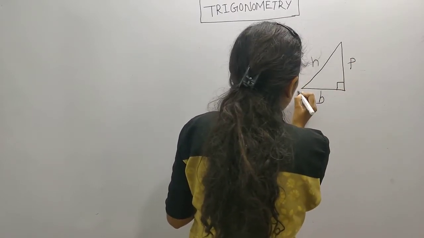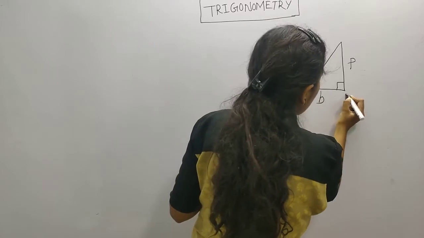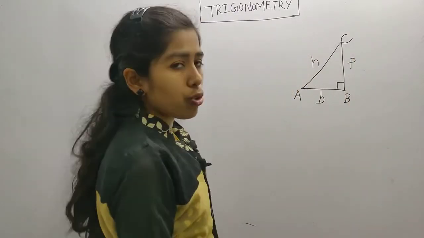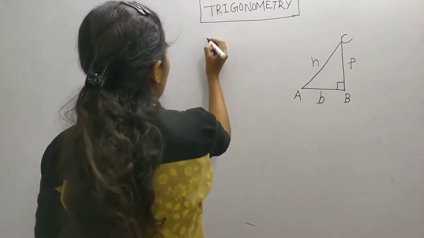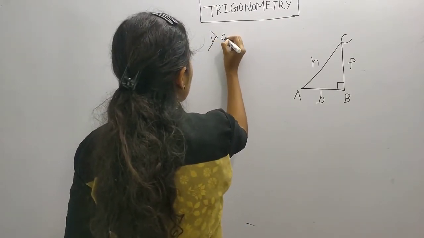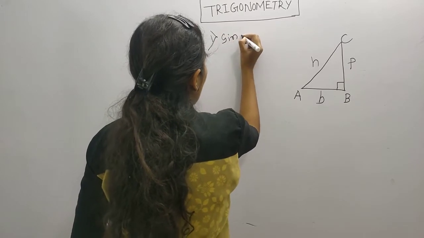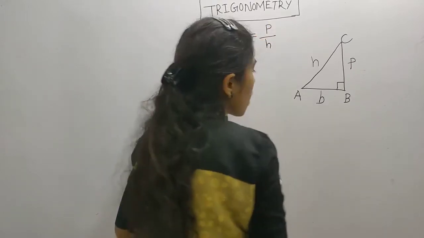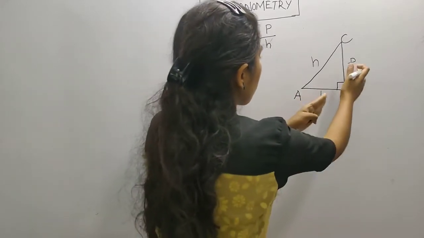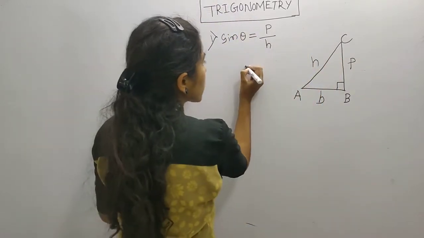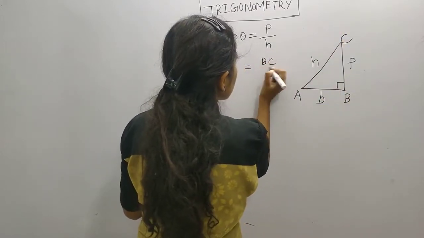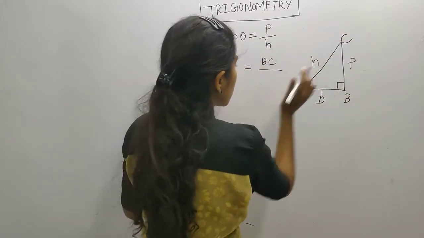Right? Let it be A, B, and C. So, students, that day we learnt individual formulas. First, sin theta. What is sin theta? Perpendicular by hypotenuse, right? P by H. It means P is on which side? BC. So, P is BC and hypotenuse is AC.